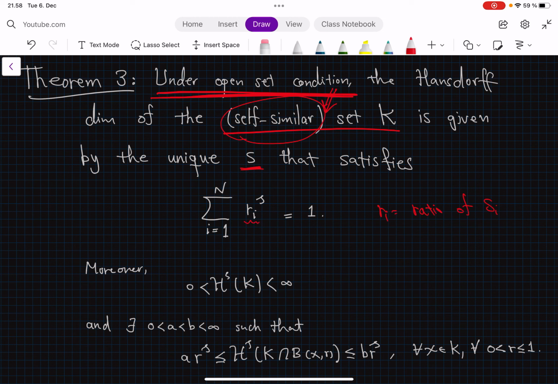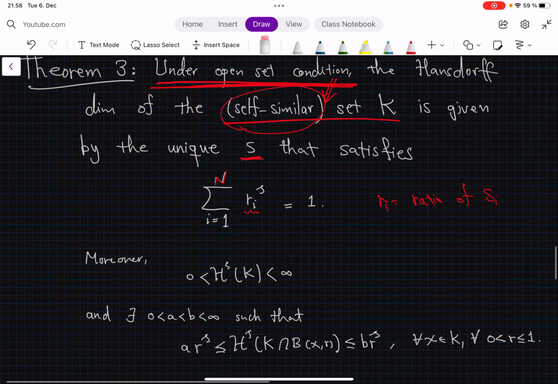Then you put these numbers and you raise them to power S. You add all of them. We have n many of them. And for example, by the intermediate value theorem, a continuity argument, you can prove that there is some S for which this is satisfied. And that S will be the Hausdorff dimension of the self-similar set you have.